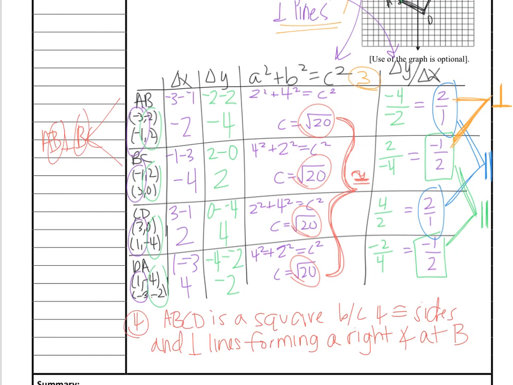Now, if you had concluded down here that these were opposite reciprocals, which is true, then you would say your right angle is at D. You do not have to conclude every pair of opposite reciprocals. You only need to pick one pair of opposite reciprocals and say that they're perpendicular. Because if one angle is a right angle, then the rest of them are right angles as well.